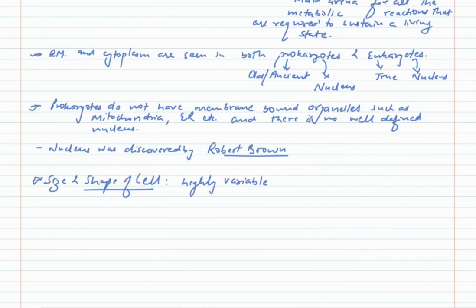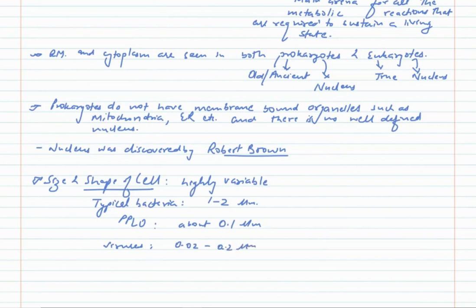For example, a typical bacterium is usually 1 to 2 micrometers in size. PPLO, which is mycoplasma, is about 0.1 micrometer in size. Viruses, although they are not considered cellular beings, are 0.02 to 0.2 microns in size.